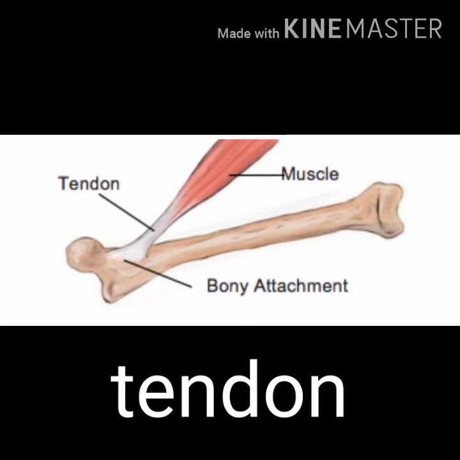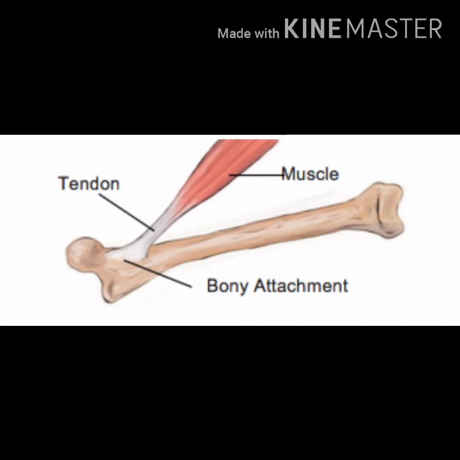Tendons connect bone to muscle. Ligaments connect bone to bone. Tendons are also highly strong, but not elastic like the ligaments. These are the main differences between tendons and ligaments, and these are the two connective tissues with the dense matrix. Okay, that's all about this.